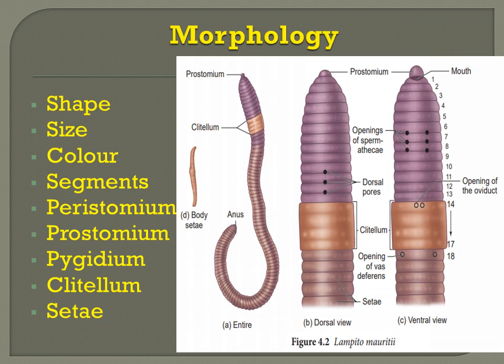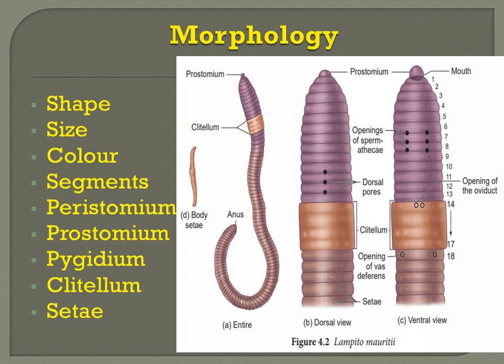Okay. Then the next point is segments, right? The body of this earthworm is divided into various repeated units. We have already learned that when repeated units are there, those types of segments are known as metameres, right?